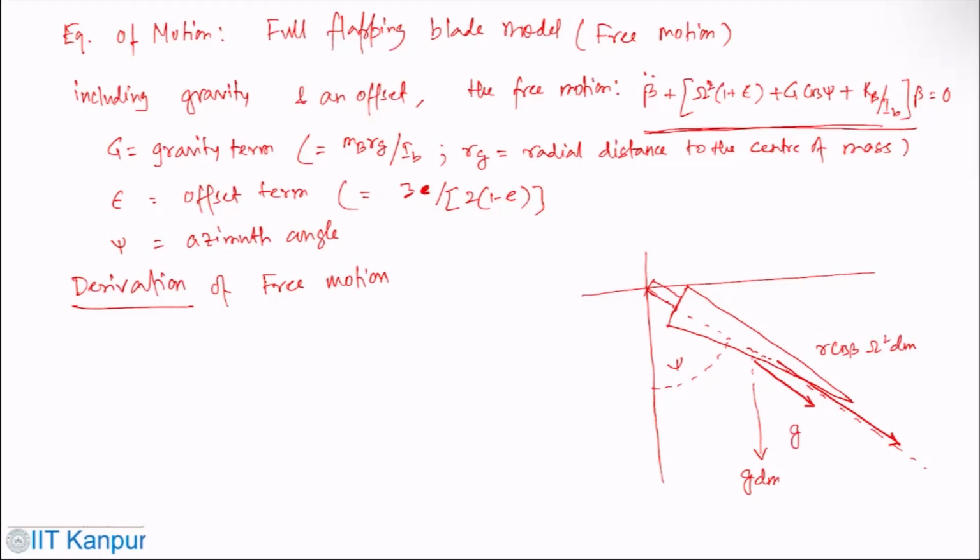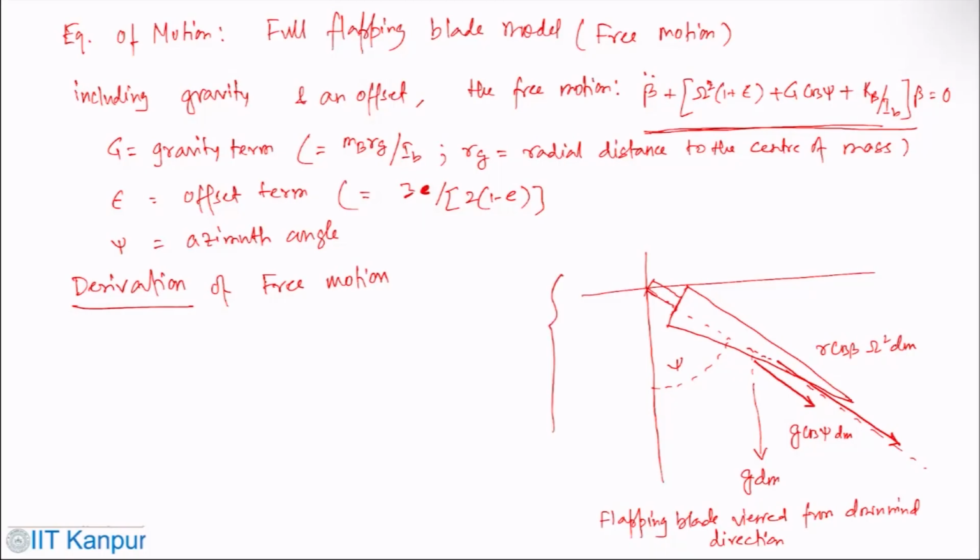This term is G cos psi dm. So this is a flapping blade viewed from the downwind direction.